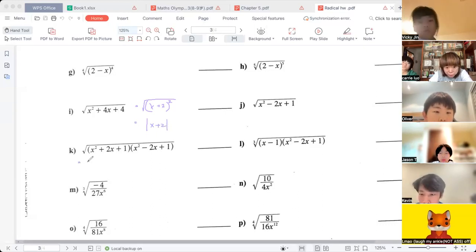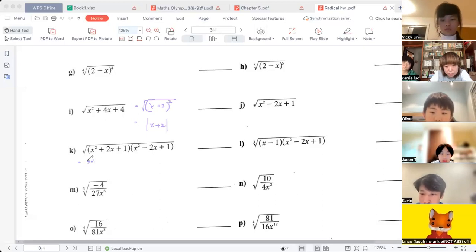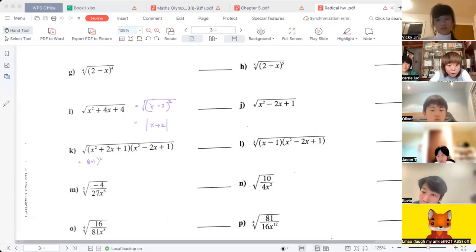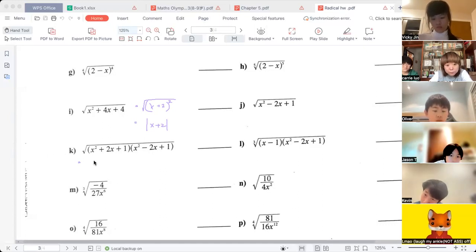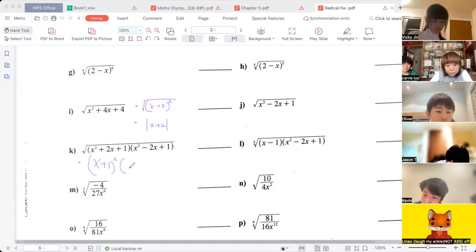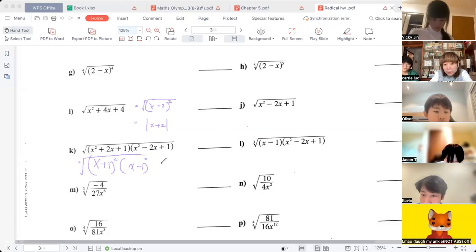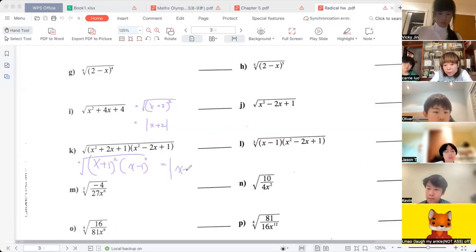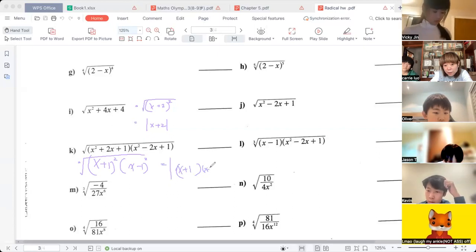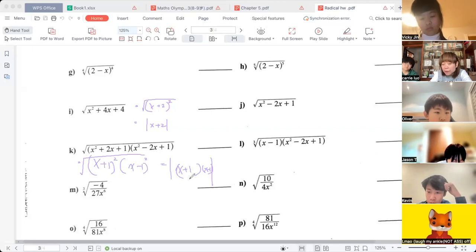Okay, for this one, it's x plus 1 squared, and then square root. So what do you do, kids? You need to do x plus 1 and x minus 1 absolute value. Remember? There must be an absolute value, Kevin.